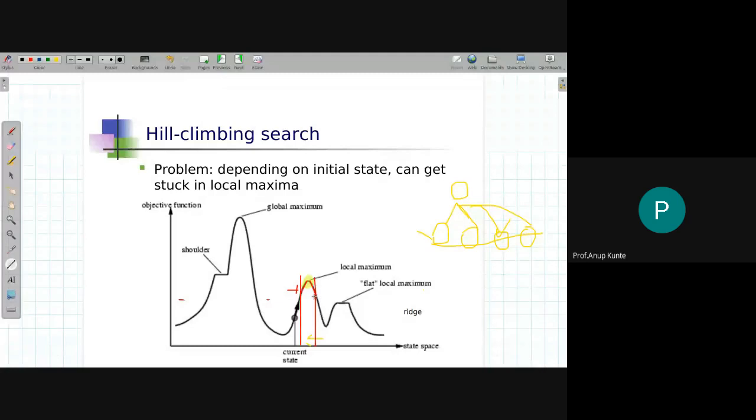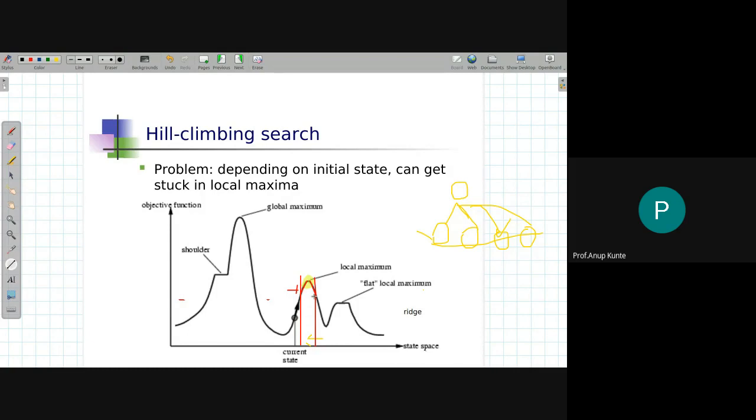You can visually inspect and understand that the local maxima node, the yellow pointed node, is going to have a higher objective function value than any of the other nodes. So my algorithm can't move ahead from here in that loop. It will just get out of the loop and my algorithm will halt.